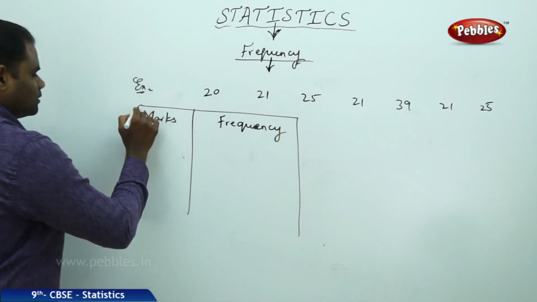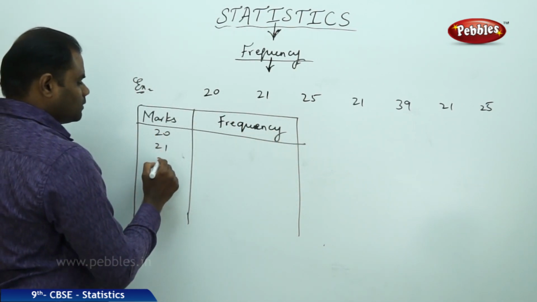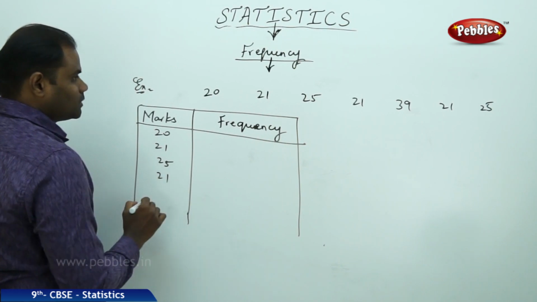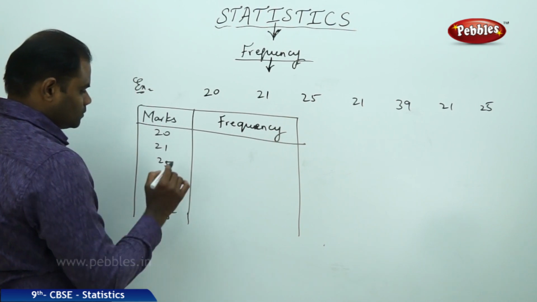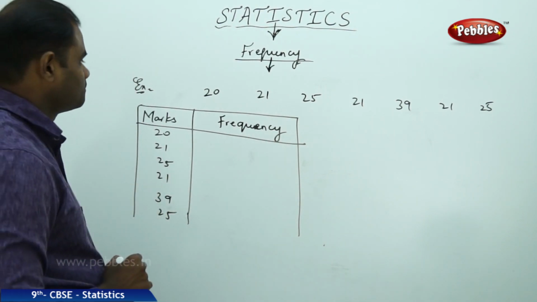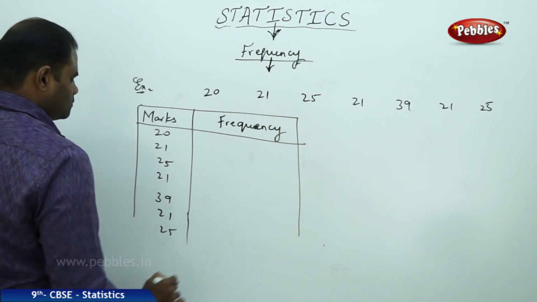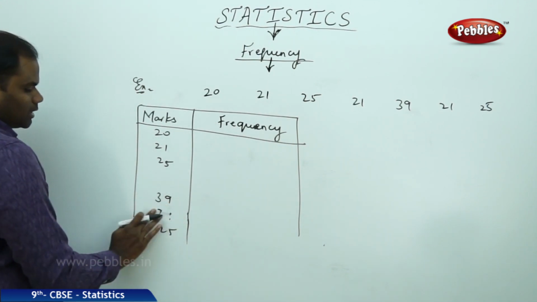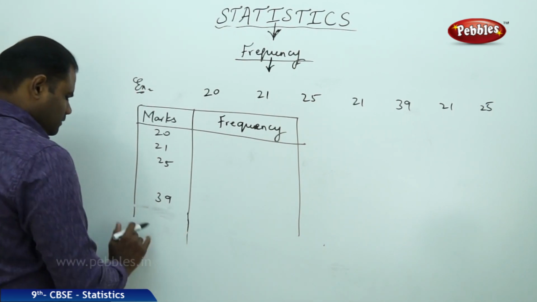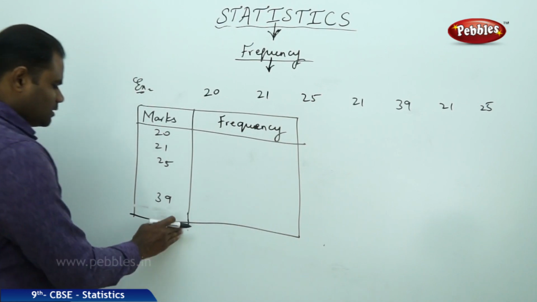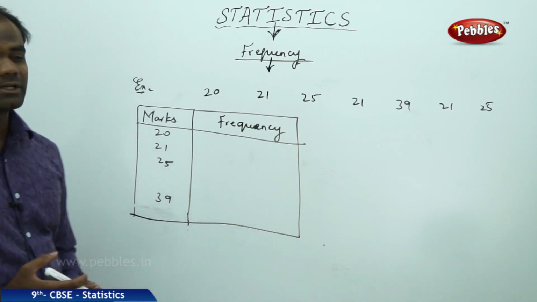Let's make a frequency column for that. Since values repeat, I don't take the repeated values again, and hence I get a table with these values.